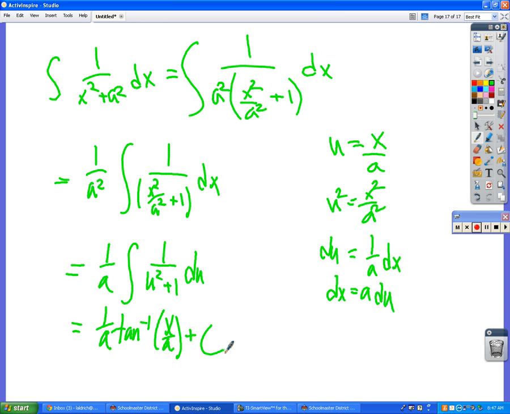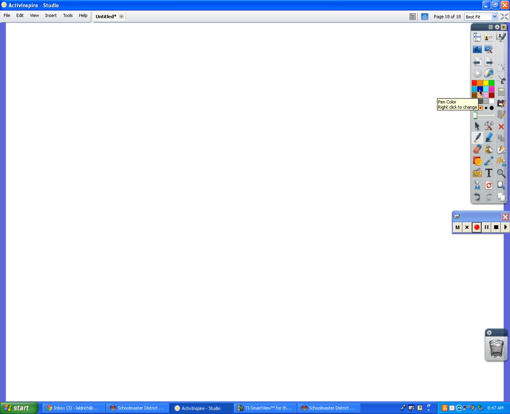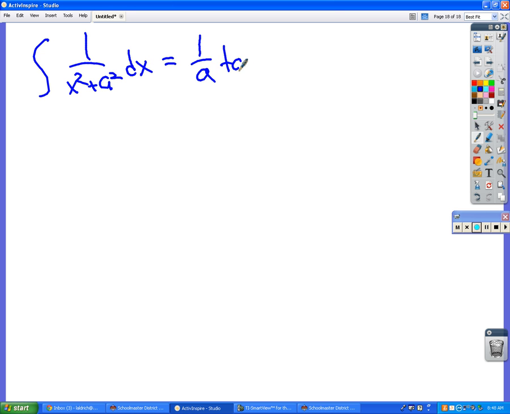So what we just did is we came up with a general formula for the antiderivative of 1 over x squared plus a squared, and that is 1 over a times the inverse tangent of x over a plus c.